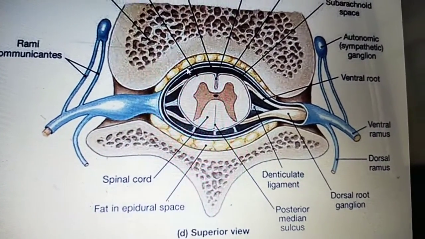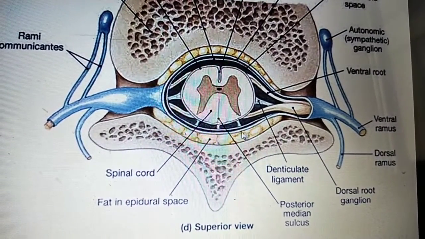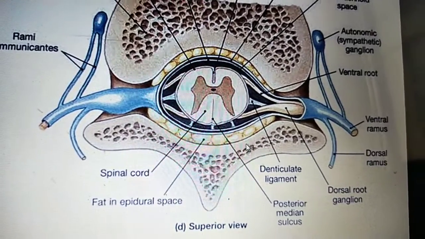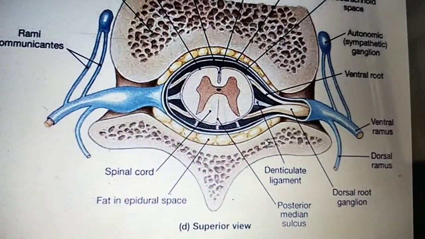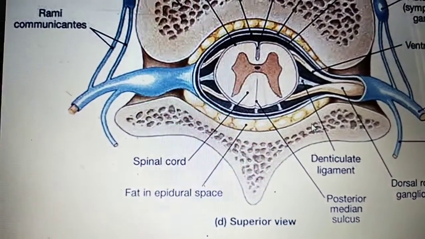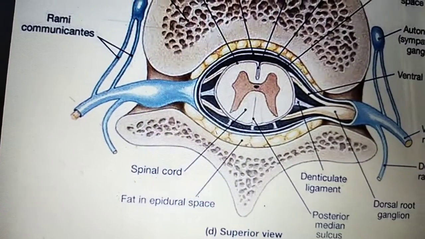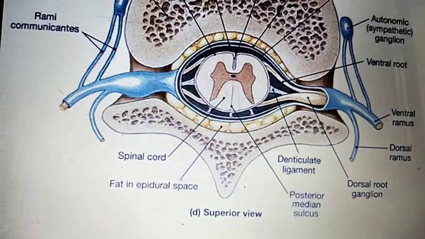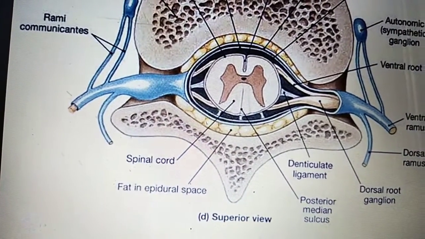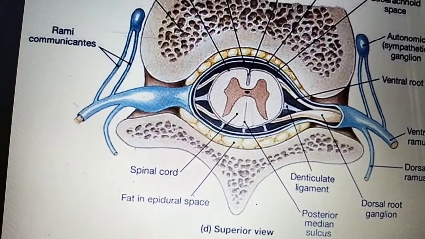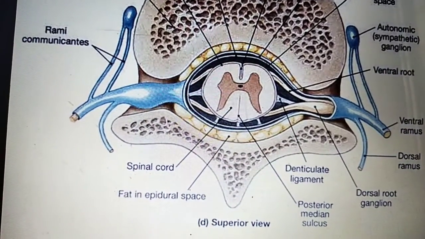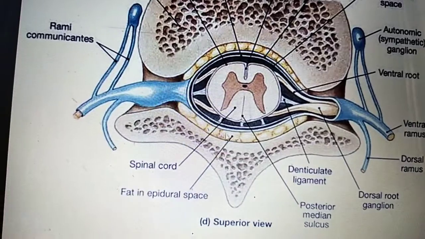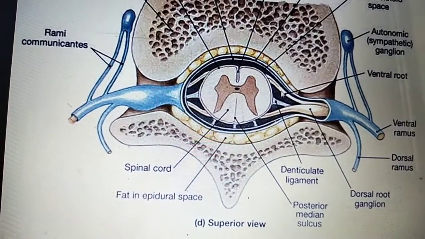This fat is present in between the dura mater and the vertebral foramen or vertebral wall. This is the area between the dura mater and the vertebral wall, containing fat and small blood vessels, and its main function is protection and forming a cushion for the spinal cord.